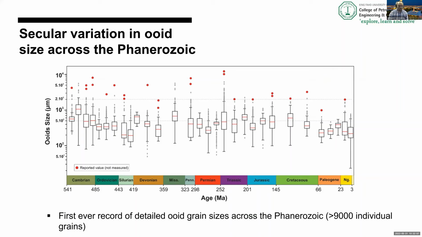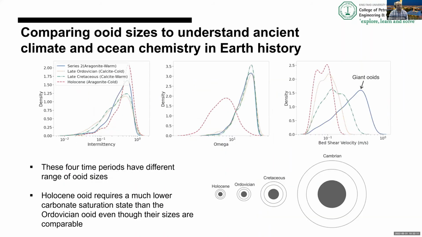But also accurately. So once we got this size distribution, we applied different statistical modeling to see how they form, and to quantitatively assess the parameters associated with the formation of ooids.